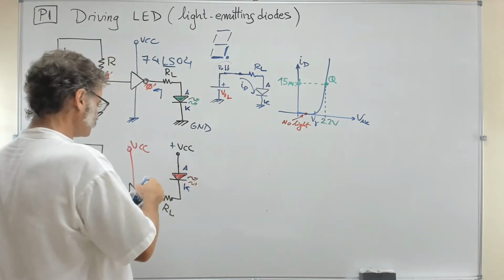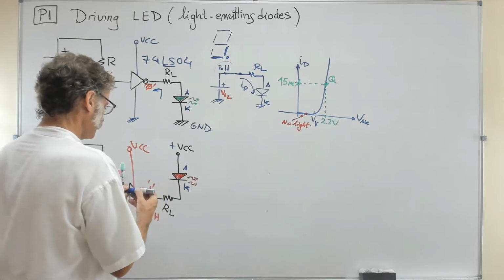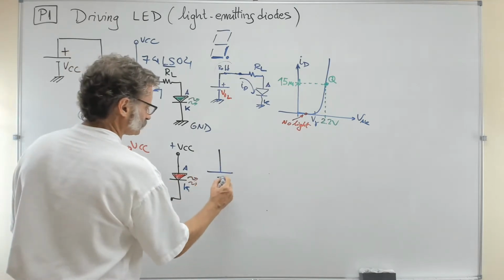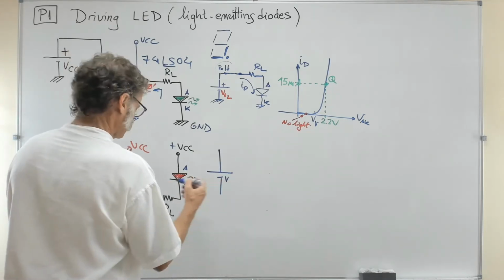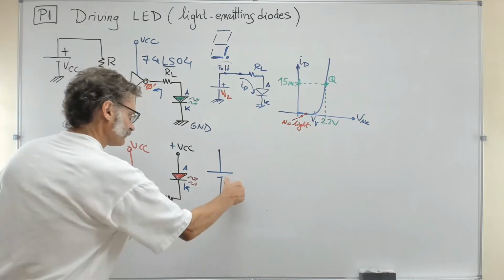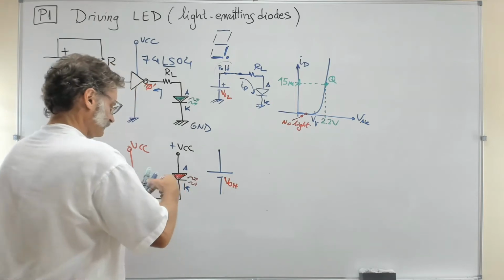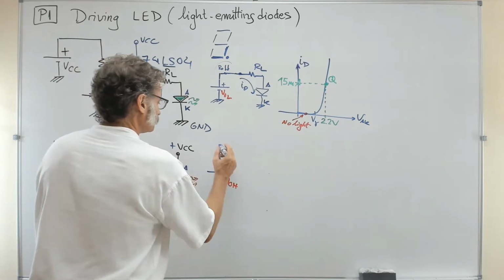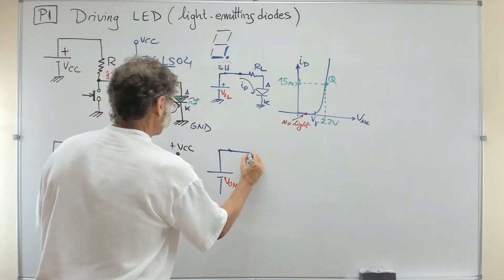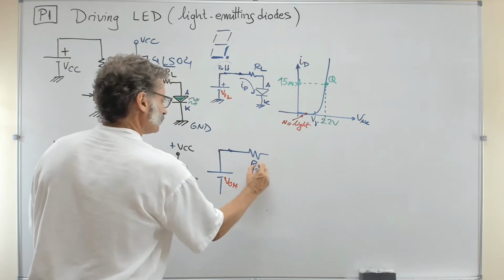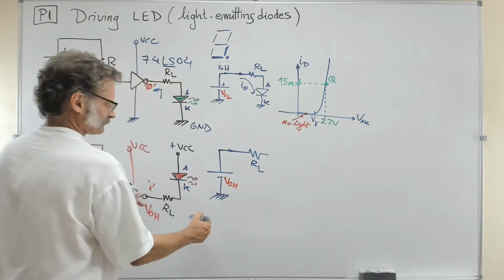So in some way, if you are making such a connection, what you are doing here is an equivalent circuit, which is now a high voltage battery, VO high, with the negligible resistor, and then the RL, so this is ground.